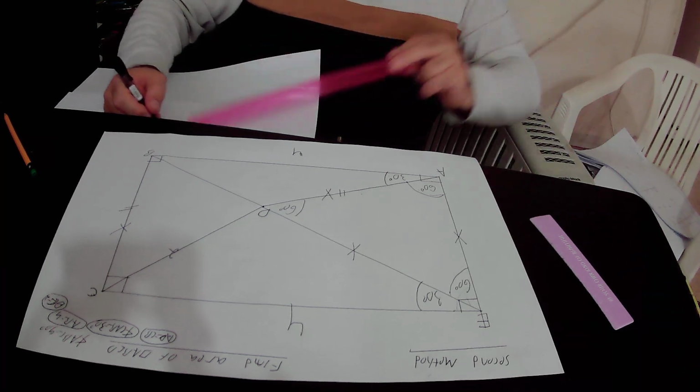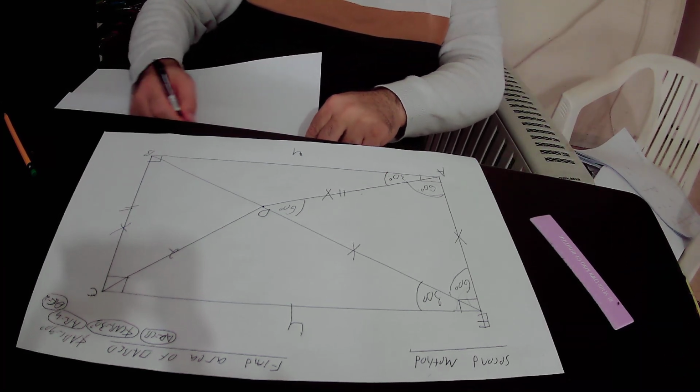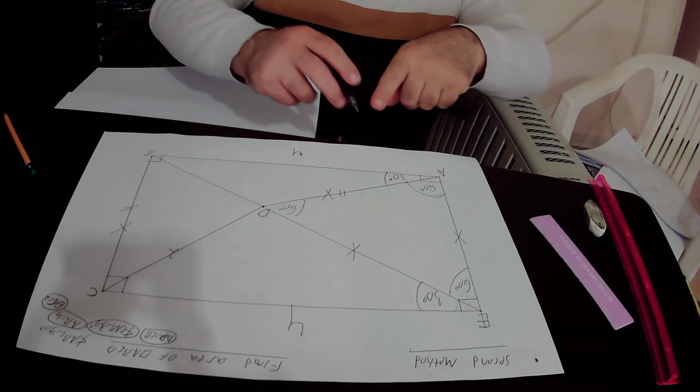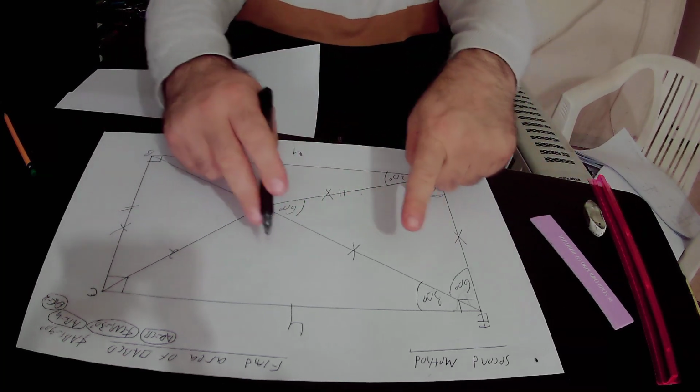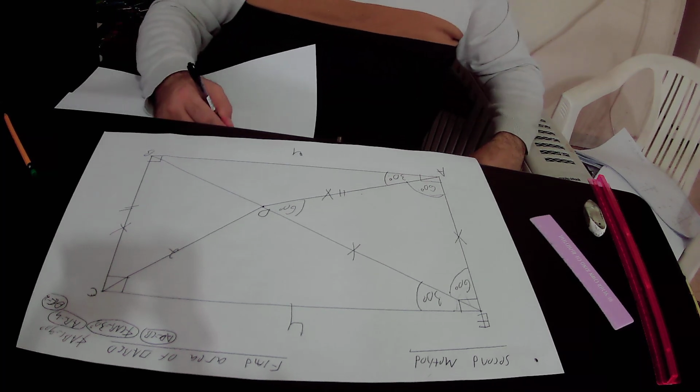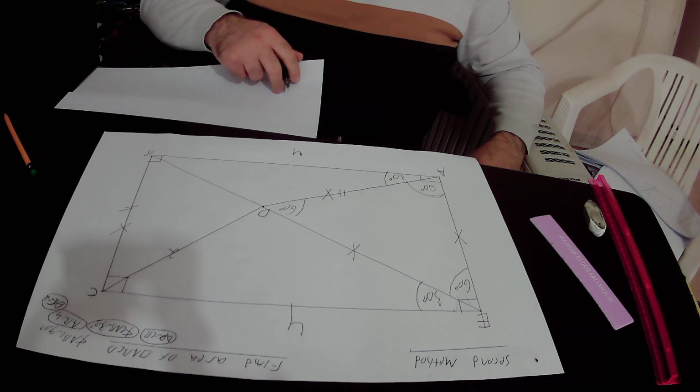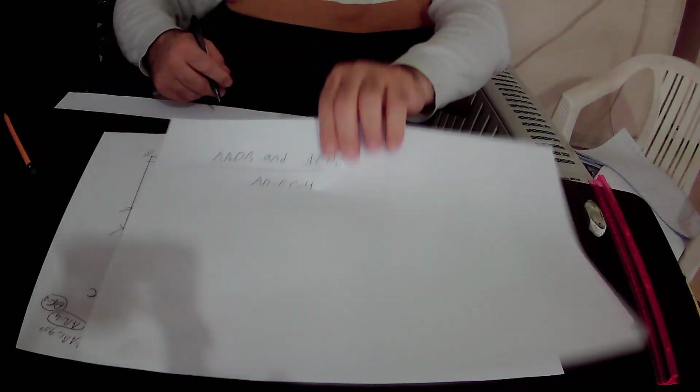So why are these two triangles congruent to each other? First of all, we know that AB equals EC equals 4 units.